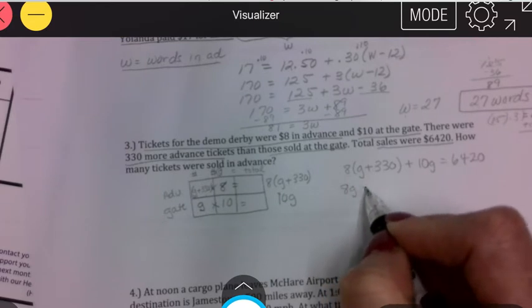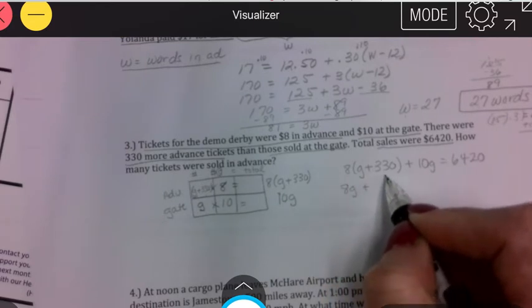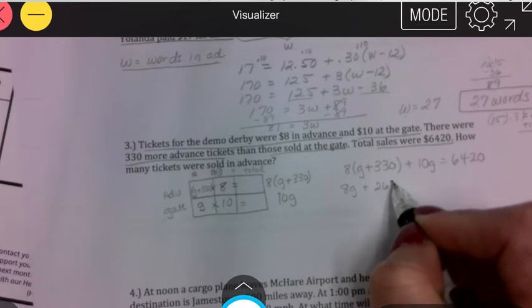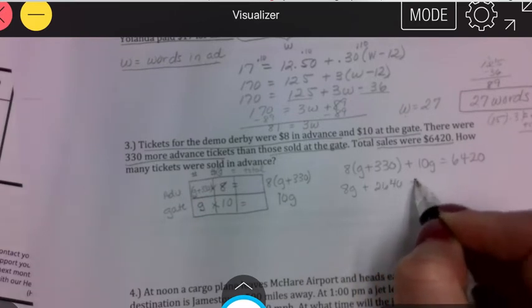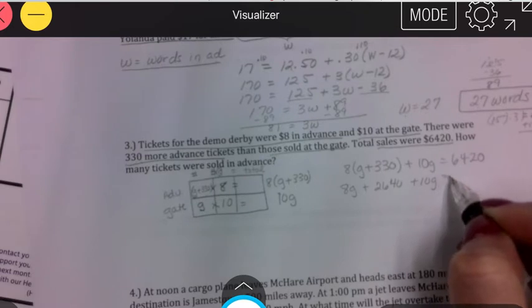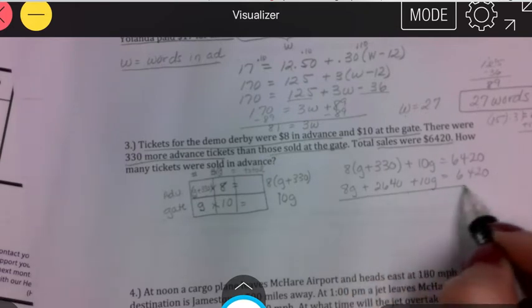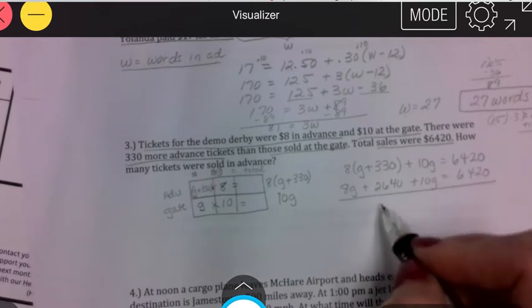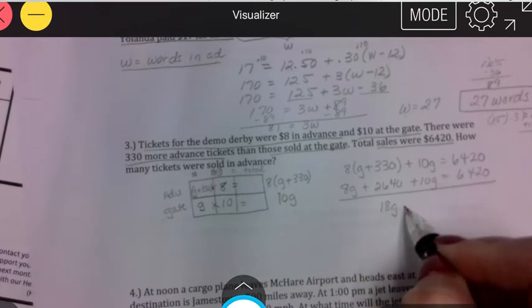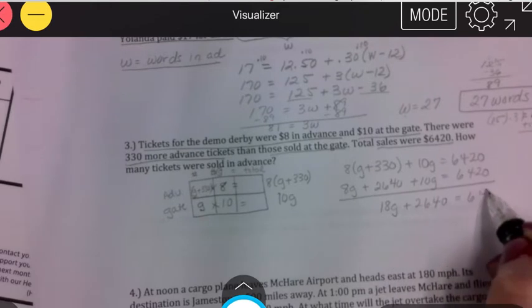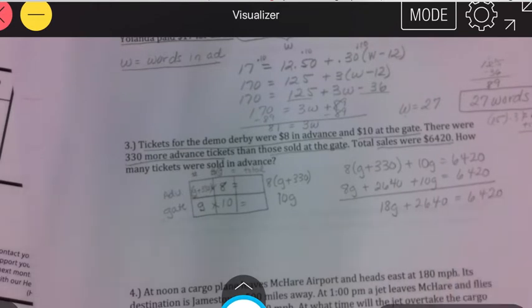So I can go through and distribute. If I multiply this, this is 8G plus 2,640 plus 10G is equal to 6,420. Putting these together, I'd have 18G plus 2,640 is equal to 6,420.